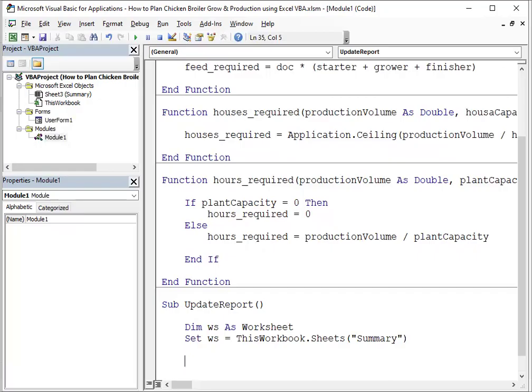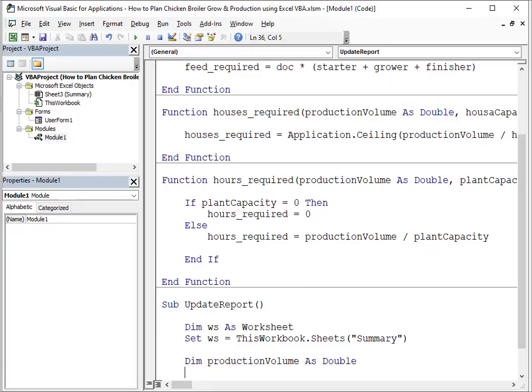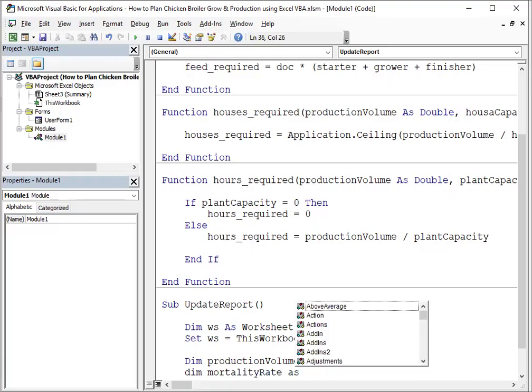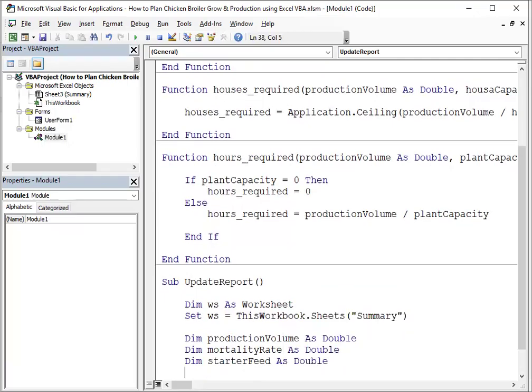Now I'm going to declare all other variables, to retrieve values from the user form if active. So this would be dim production volume as double. And then dim mortality rate as double again. Then the next one would be starter feed: dim starter feed as double. Then dim grower feed as double.